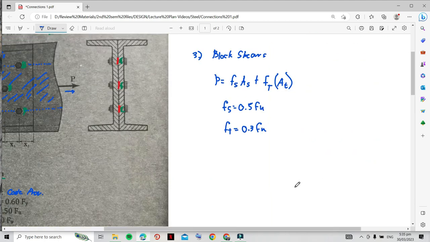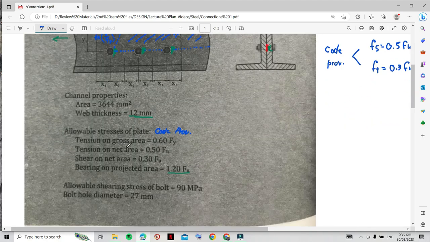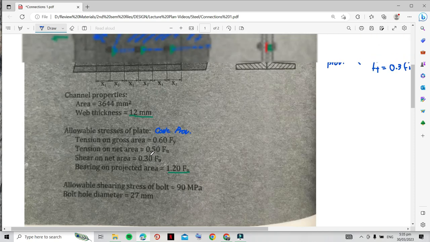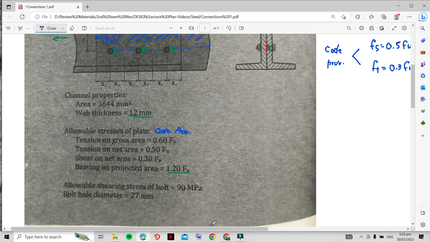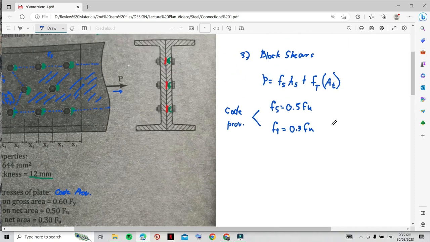These are code provisions. Sometimes this is not given, so you need to familiarize yourself with this formula. Okay, it's the other way around: shearing is 0.3 Fu and tension is 0.5 Fu.